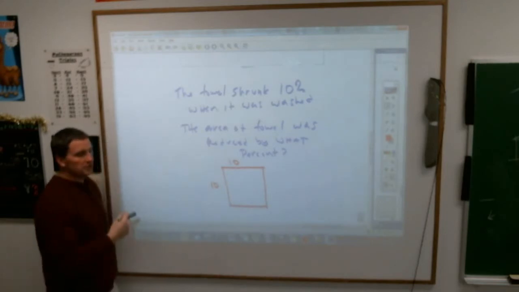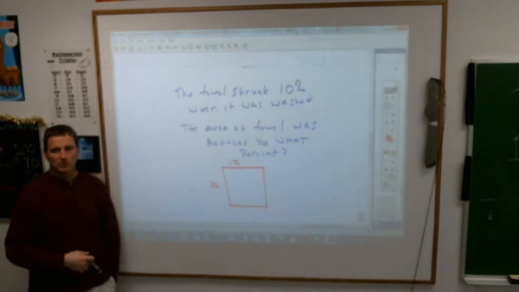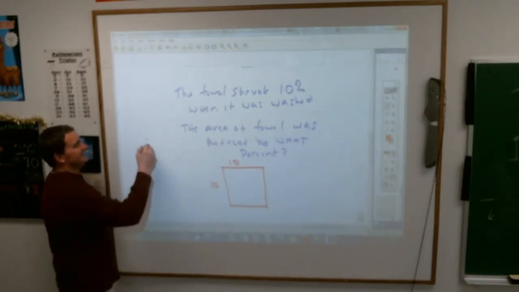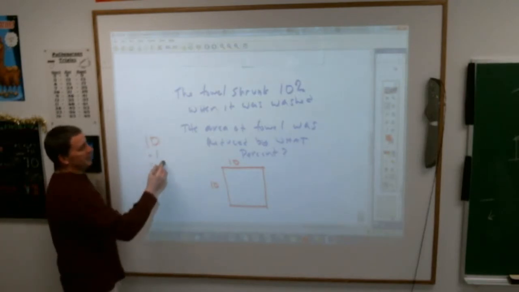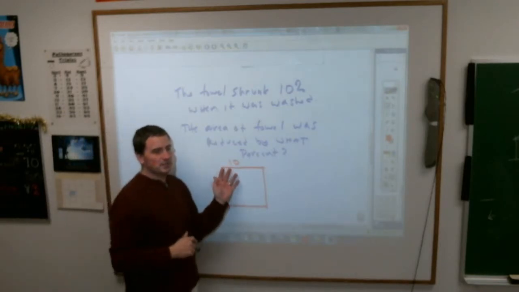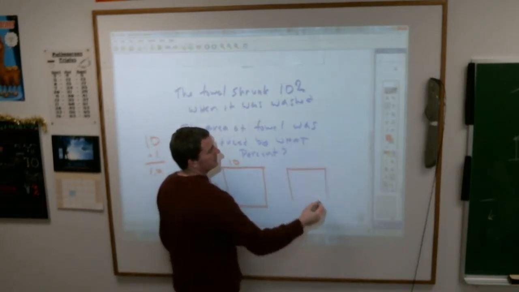It was reduced by 10%, which means it became smaller by 10%. So what is 10% of 10? 0.1 times 10 is 1. So it was reduced by 1. So my new towel is now 9 by 9.